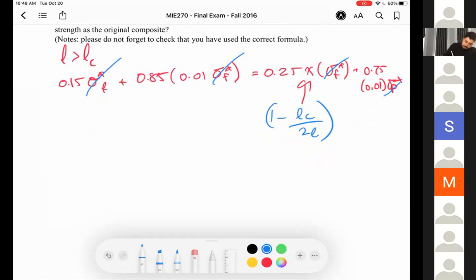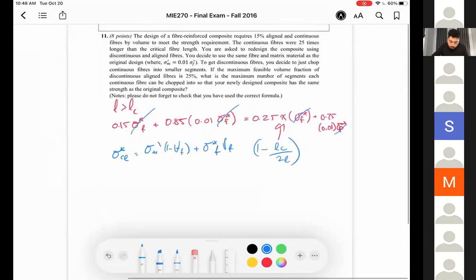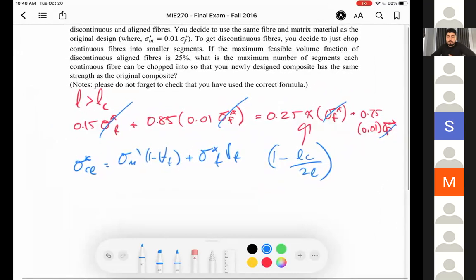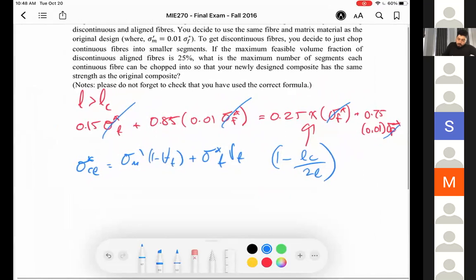Sigma star CL is equal to sigma m prime times 1 minus VF plus sigma star F times VF. So the problem said what? We want to make sure that the strength on the original component and the design is the same, right? So if this is number one and number two, that has to have the same strength CL.